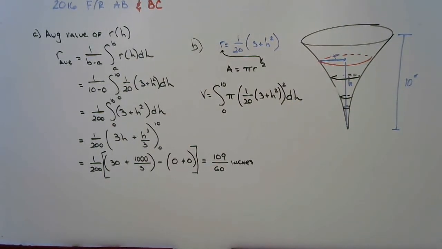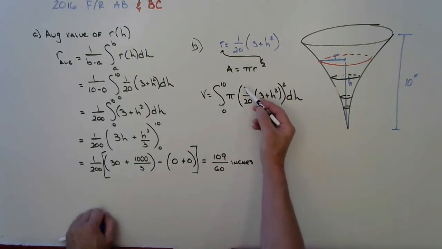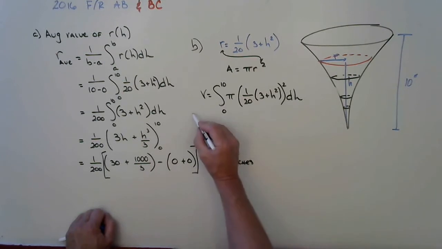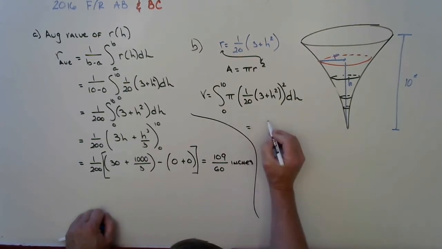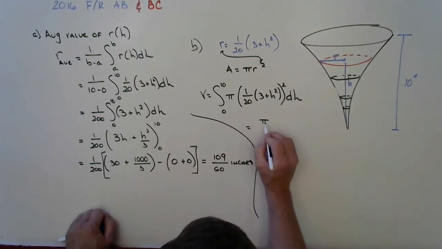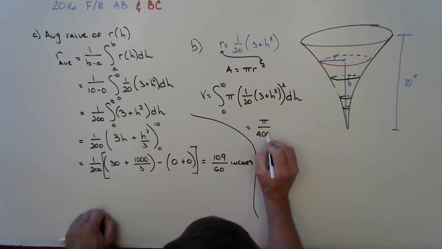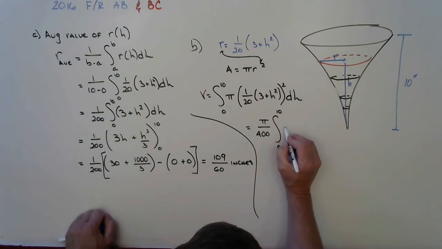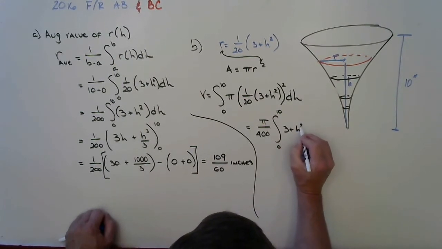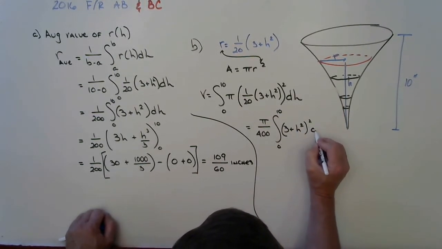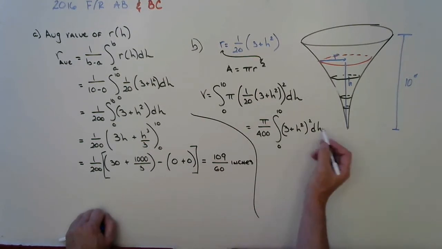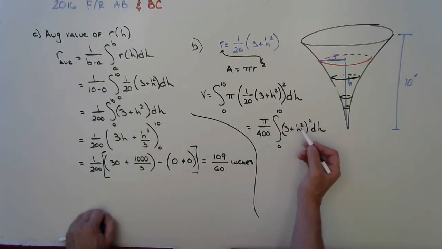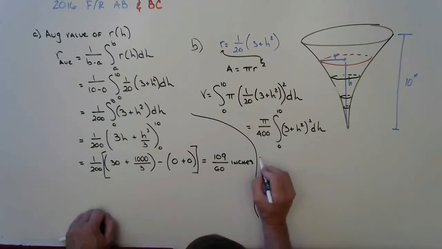And what does that equal? Well, 1 over 20 squared is 1 over 400, and there's a pi, so that's pi over 400, the integral from 0 to 10 of 3 plus h squared dh. Now I have to expand that because I can't do a u-sub here.